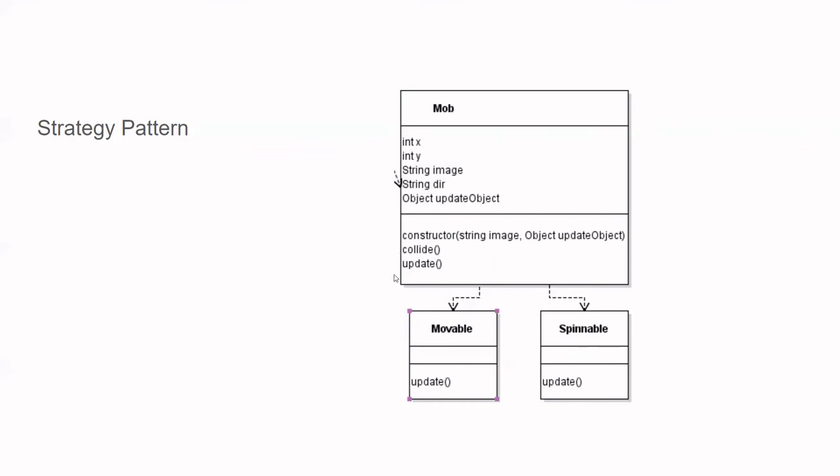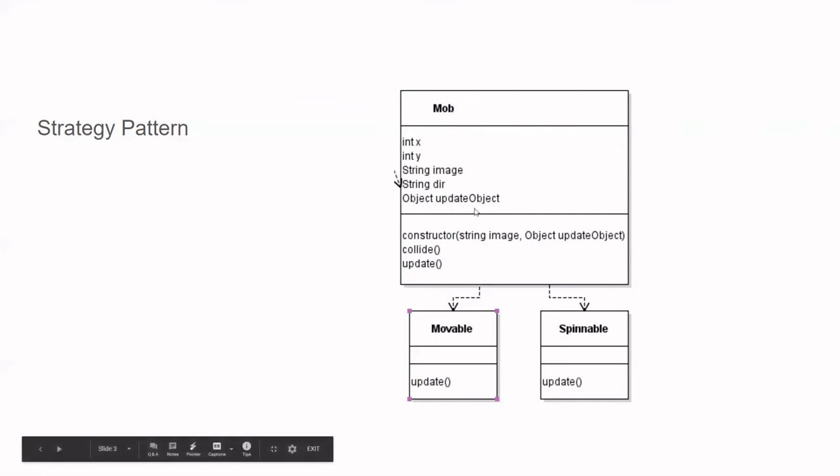Then in mob.update, what it's actually doing is calling updateObject.update. And that allows us to have this polymorphic functionality where the game can call update on the mob and not know what that update is going to do, but know that it's going to have an update. And then the update object can be different.